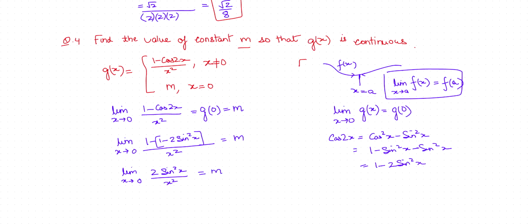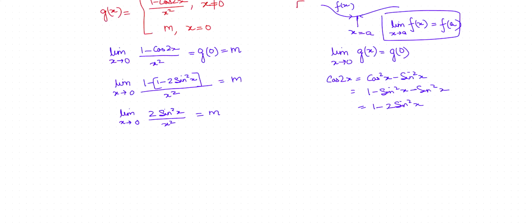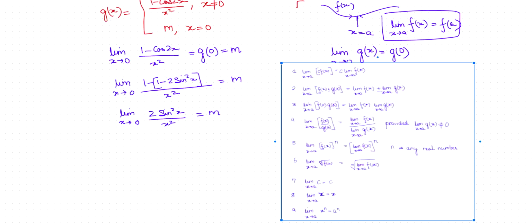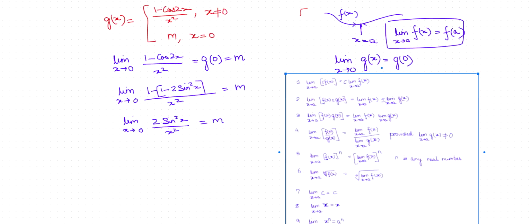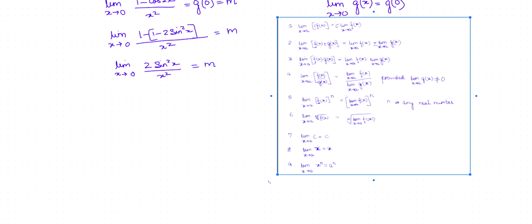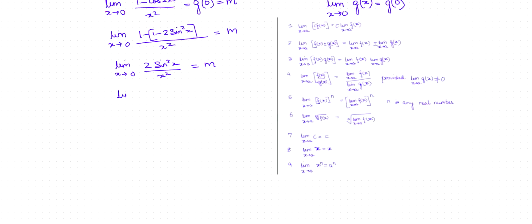So now again we can use the formulas we used earlier. As x tends to 0, we can take 2 out, so we are using this formula, and this is (sine x over x) whole square, equal to m.